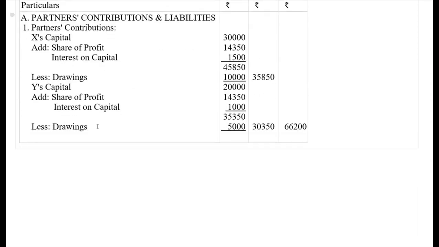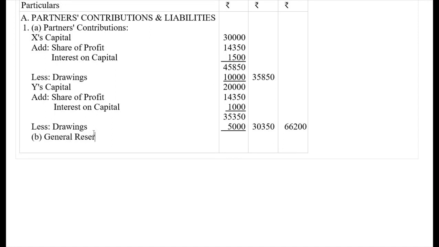Then the next one here, number 2, sorry, B, this is A, it is okay. Then here it is now B, general reserve. Of course in this one we have not given a general reserve.